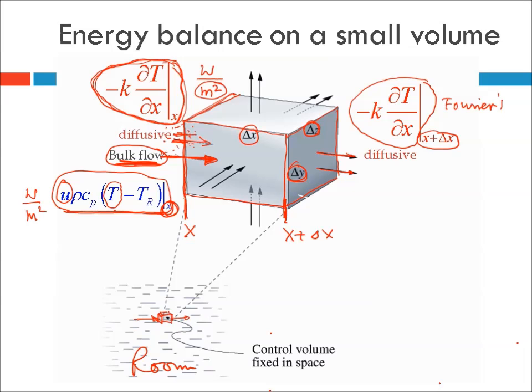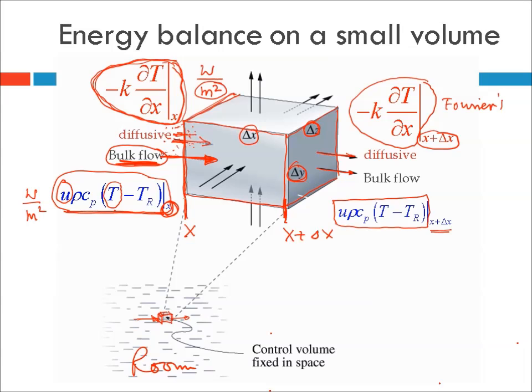Now, if it can move in, it also has to get out, otherwise it's going to pressurize and there will be an explosion, right? So it also has to get out. So the energy flux, again at this end, would be symbolically written the same way, but evaluated at x plus delta x.